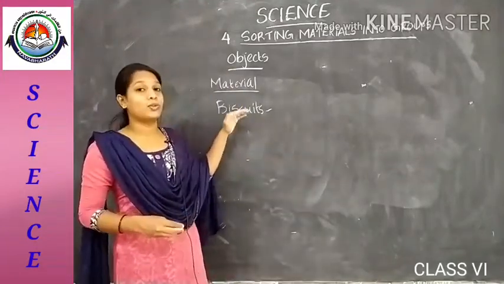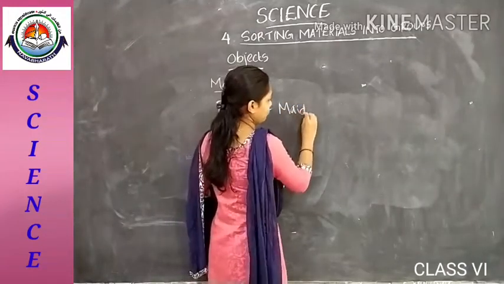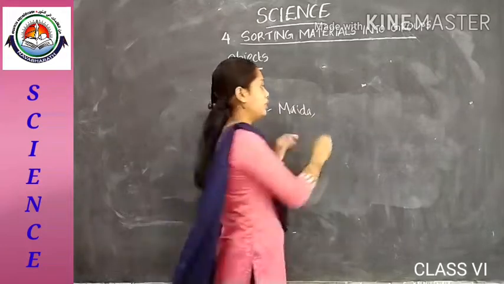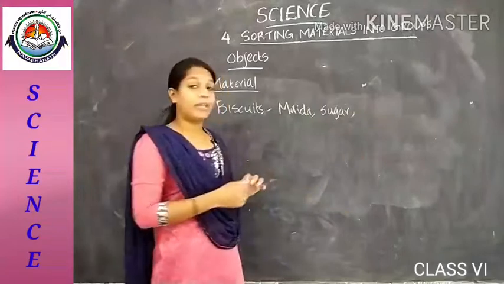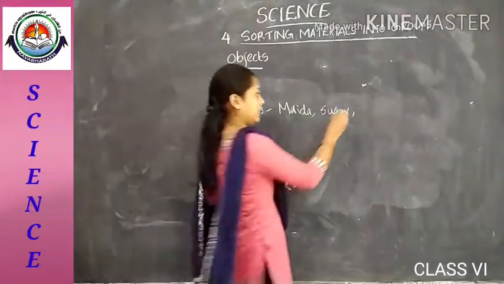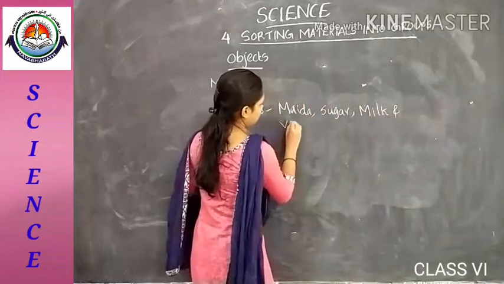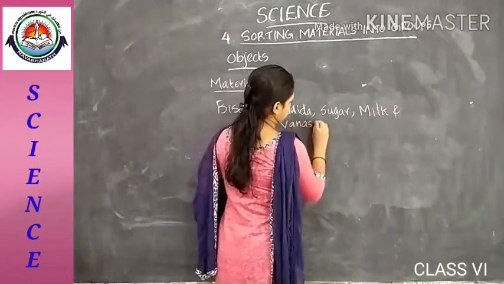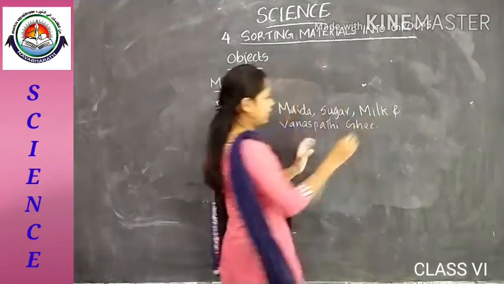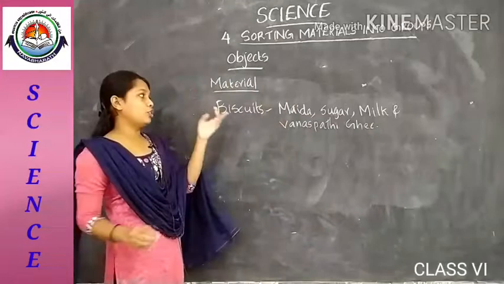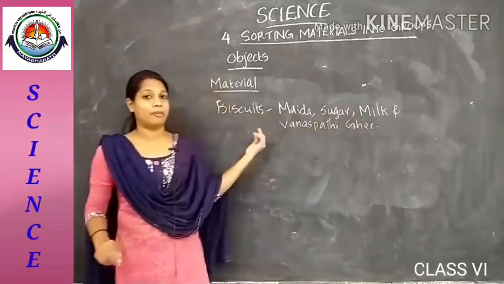The things that are used to prepare biscuits are maida, then sugar, milk and vanaspati ghee. So these are the different materials that are used to prepare biscuit. So a combination of these materials can be used.